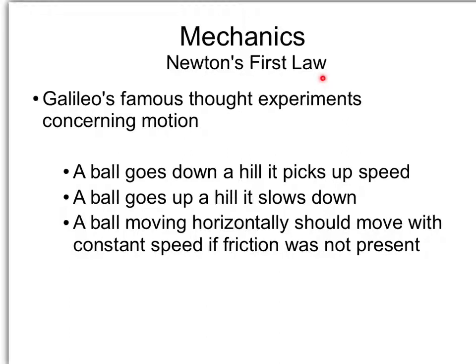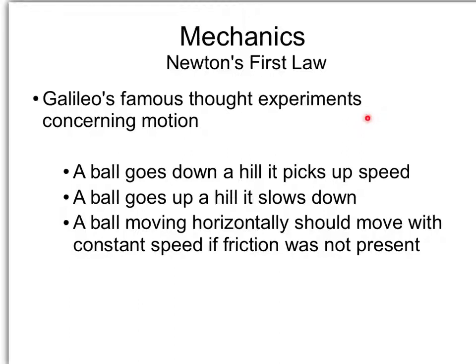Now, this all starts with Galileo, who had a very famous thought experiment concerning motion. Previous to this, Aristotle thought that the natural state of an object was to come to rest. This is understandable because he observed that balls or rocks that moved along the ground did eventually come to rest.